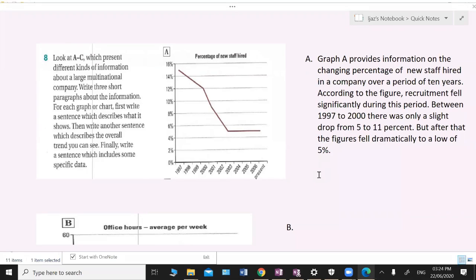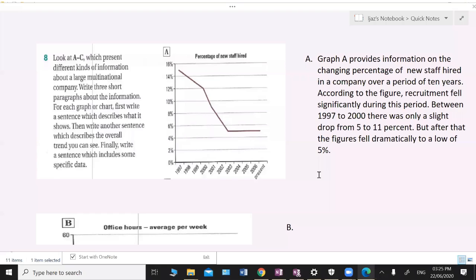And from 2003 to present, it is staying at 5%. So as a whole, the staff hiring has dropped significantly from 15% to just 5% at present, right? So this whole figure shows the percentage of new staff hired from 0 to 16%, and it explains the period of 10 years starting from 1997 to present.